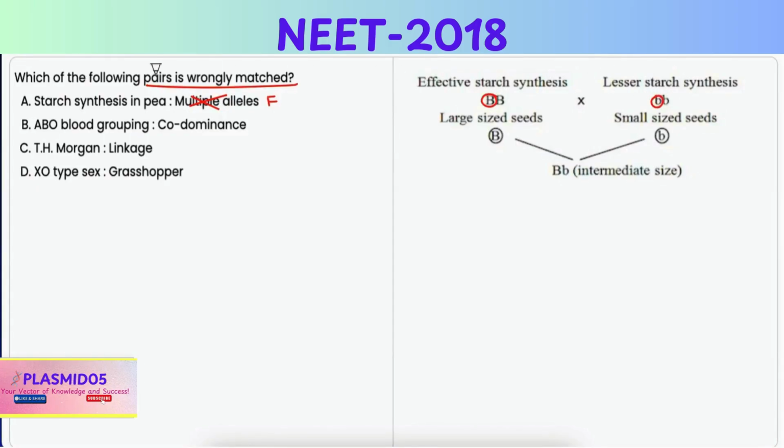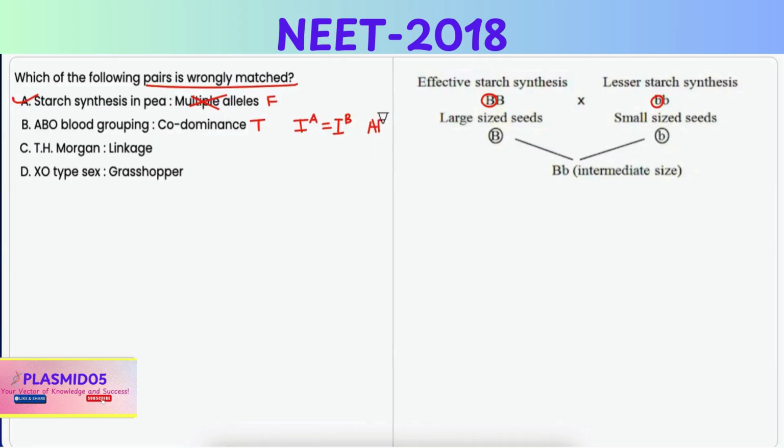Hence, it is the correct option. Option B, ABO blood grouping is to codominance. Now, this is the correct match because the ABO blood group system exhibits codominance where alleles IA and IB are expressed equally in a heterozygous individual, that is, a person having blood group AB. Hence, it is incorrect option.